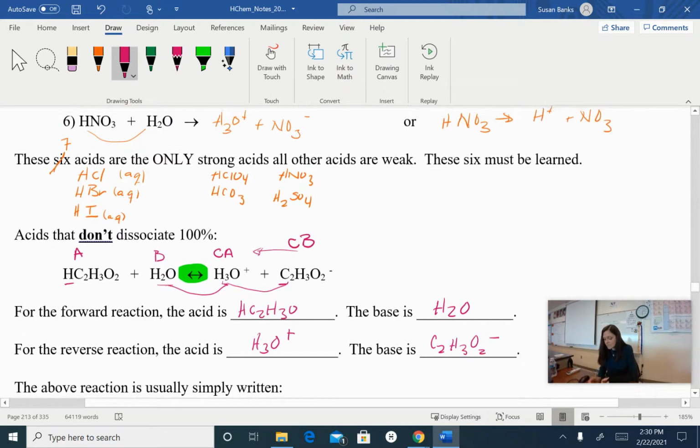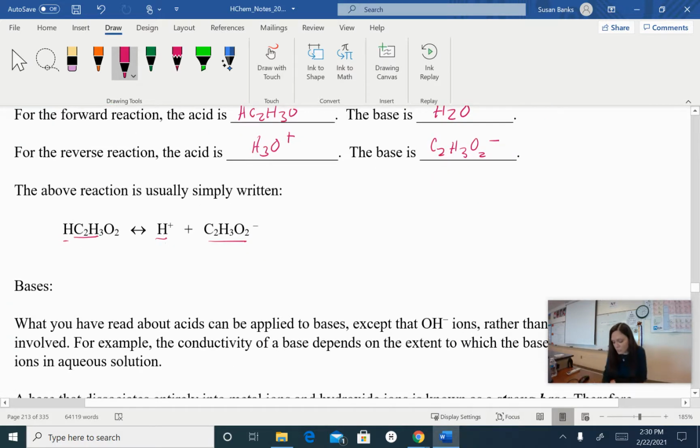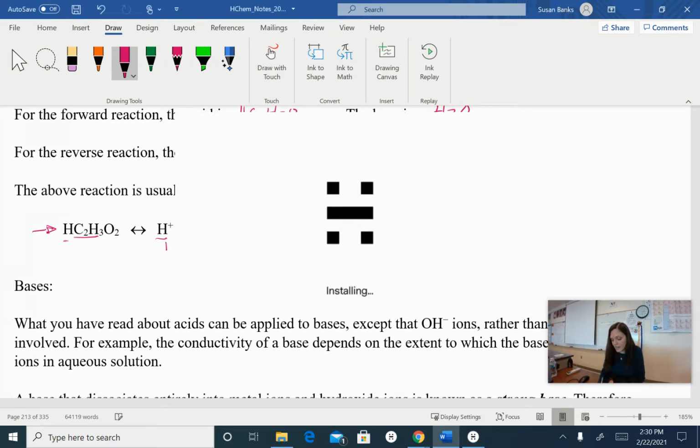In reality, it really does make this hydronium ion, but it creates a lot of writing. And so for simplicity's sake, we usually write it this way, just to make things simple. But notice that when we say hydrogen plus, it's actually hydronium.